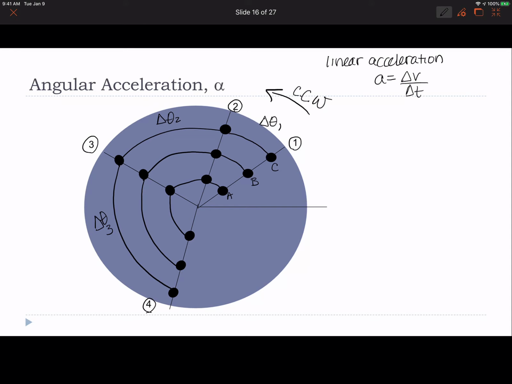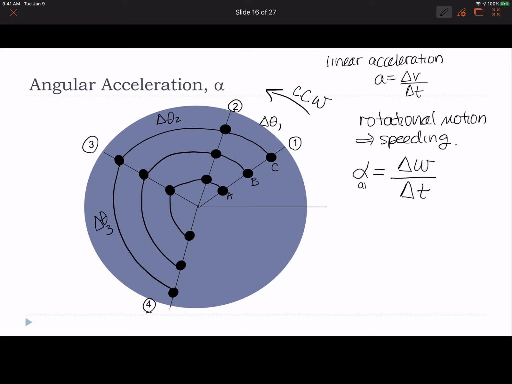So this object's rotational motion is speeding up. And if it's speeding up, it must have acceleration, and so we define this term called angular acceleration. Angular acceleration measures how the angular velocity changes with respect to time, and of course we're talking now specifically about an average.